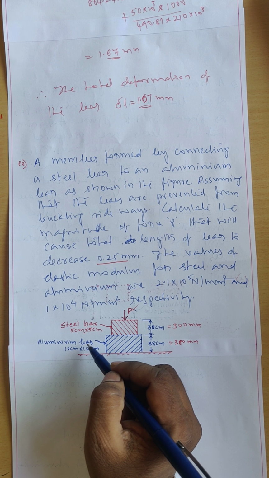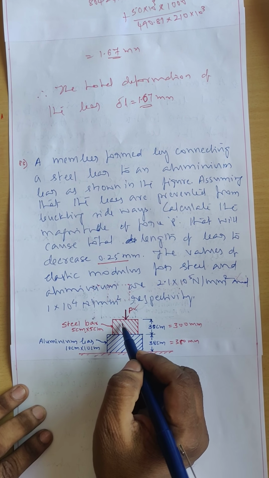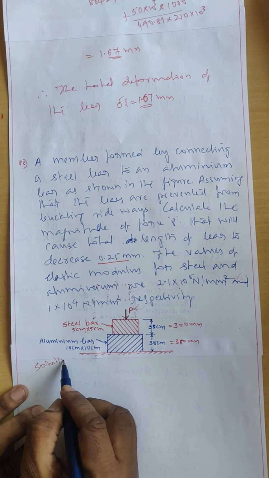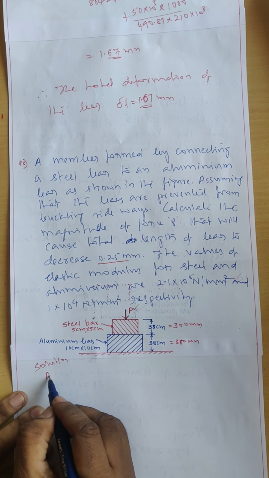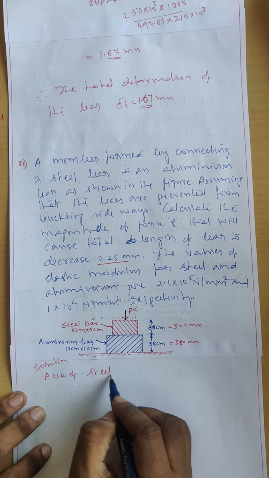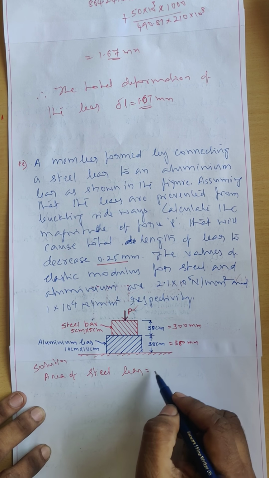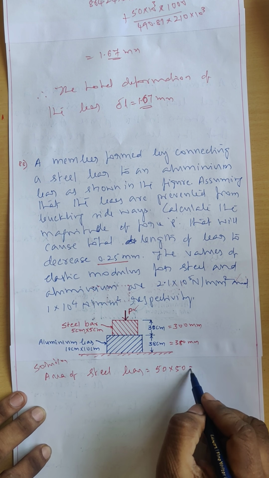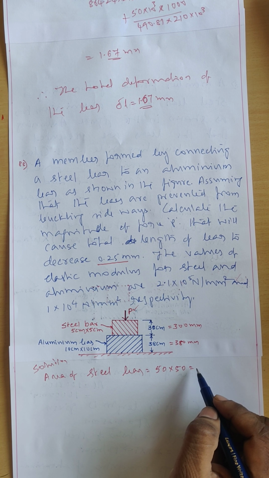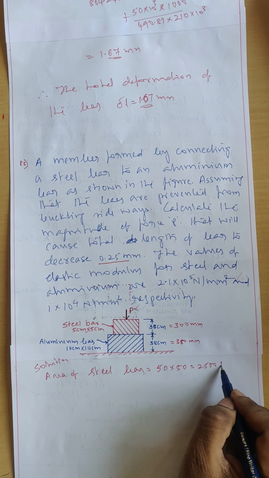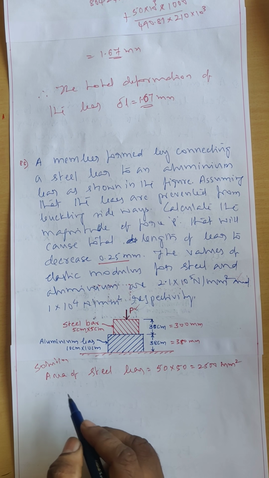Now the area of the steel bar we will calculate. First, the solution. Area of steel bar equals 50 into 50, that is 2500 millimeter square.